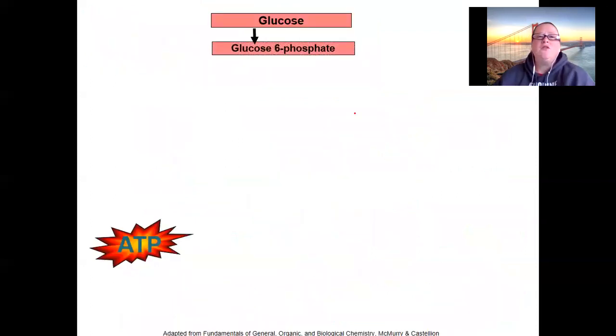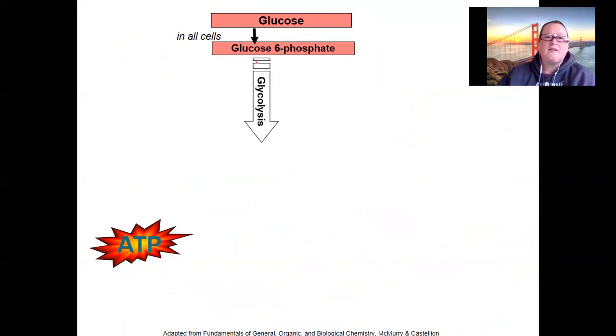So glucose initially in the glycolysis process turns into glucose 6-phosphate, and that is essentially nothing you have to remember.